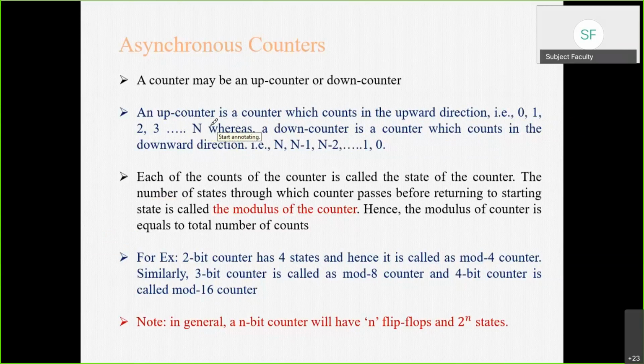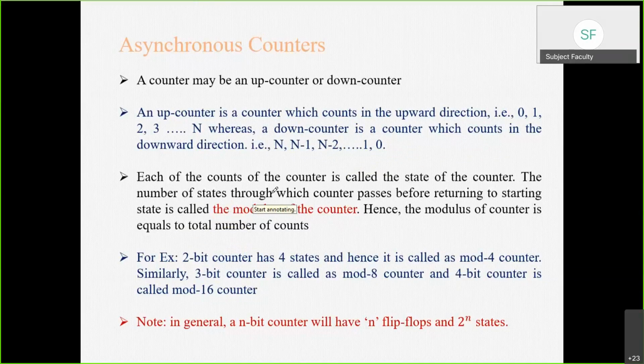So an up counter is a counter which counts in the upward direction, that is 0, 1, 2, 3, up to n. Whereas what will be the down counter? So down counter is basically a counter which counts in the downward direction. Okay, very simple.